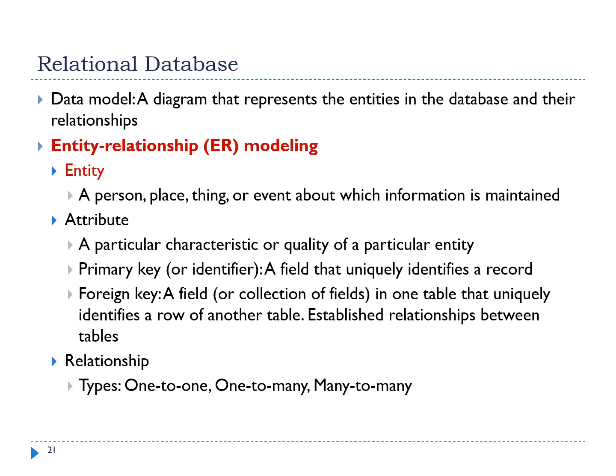An entity is a person, place, thing, or event about which information is maintained. An attribute is a particular characteristic or quality of a particular entity. Both primary key and foreign key are attributes of the entity.